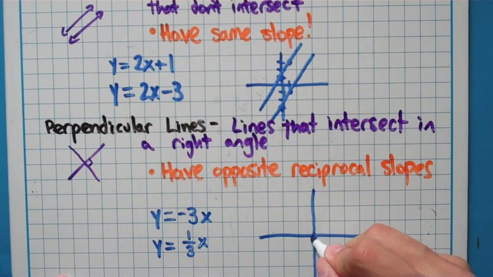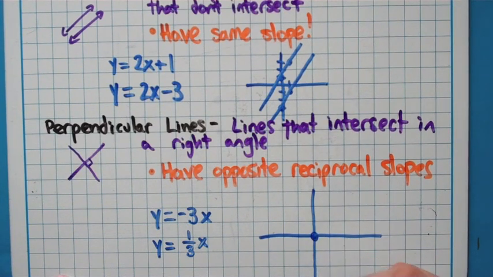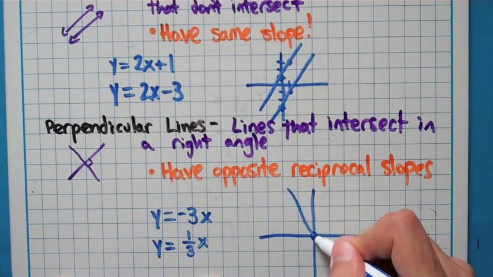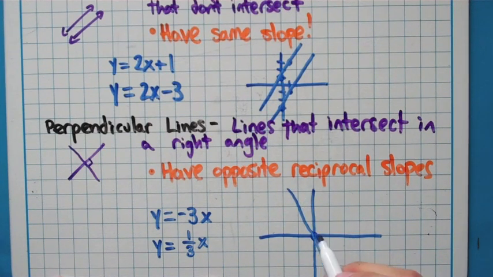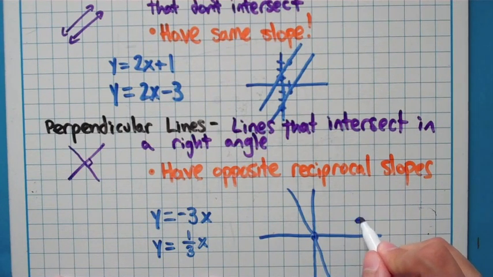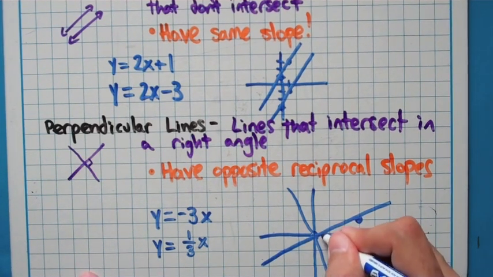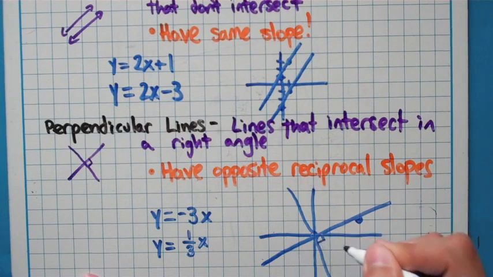Negative 3x starts at 0 and it goes down 1, 2, 3 over 1. So there's my first graph right here. Looks like that. And 1/3 x still starts at 0 because I have a plus 0 there. I'll go up 1 over 3. It would look like that. And when I draw these, it's not exactly perfect, but you can see it's pretty darn close, even with my sloppy picture here, to a right angle.